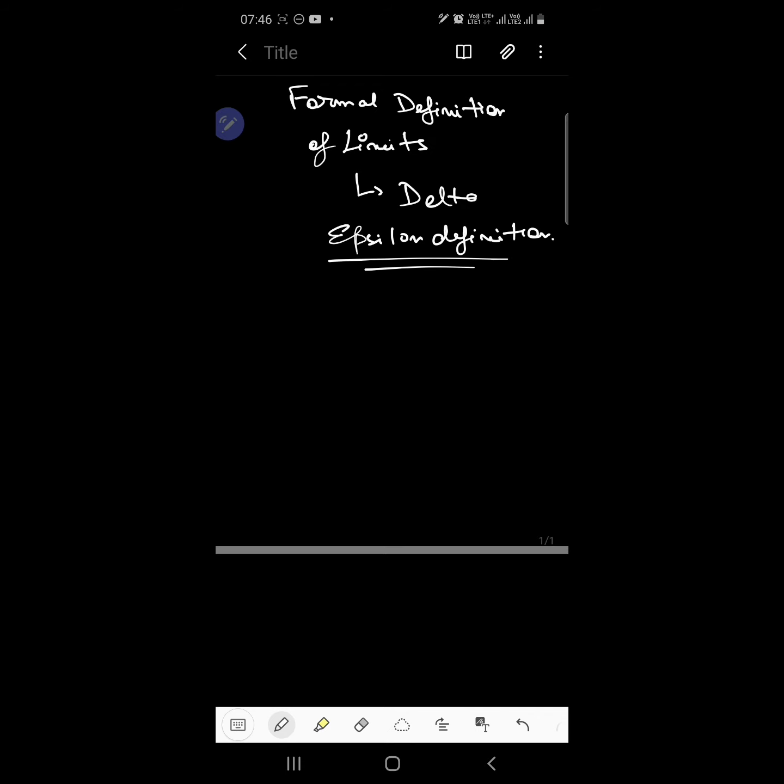So let us first understand what the statement of the delta epsilon definition says, then we will move on to understand the graphical representation, the graphical description of the statement.